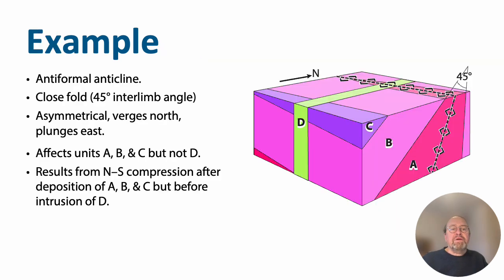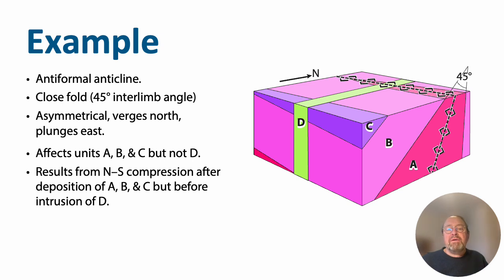So here's an example of that. We have some type of antiformal anticline. I guess you could just call it an anticline. It is antiformal, but anticline is good enough. We know that it's a fairly close fold because it's only got a moderate angle, 45 degrees. In this case, it's an asymmetric fold.